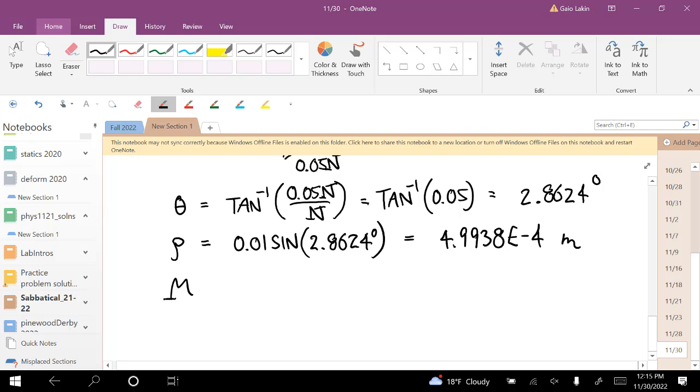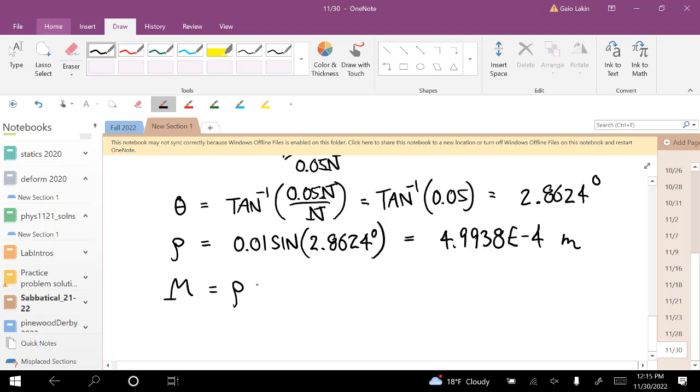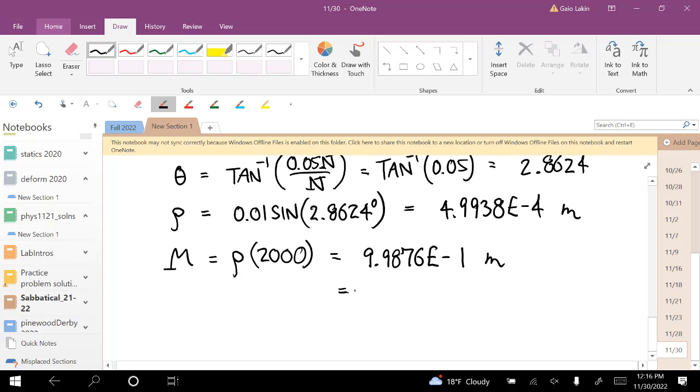And then the couple is rho times that 2,000 Newton force. And so that is 9.9876 times 10 to the minus 1, right? So 0.99876. That's not meters anymore, that's Newton meters.